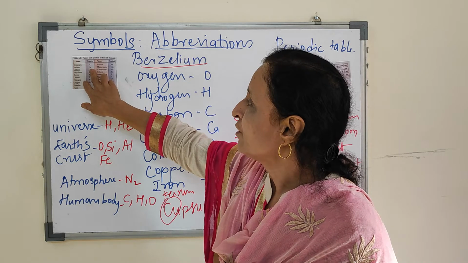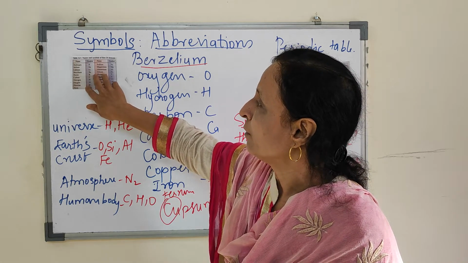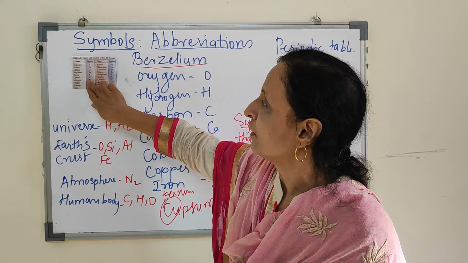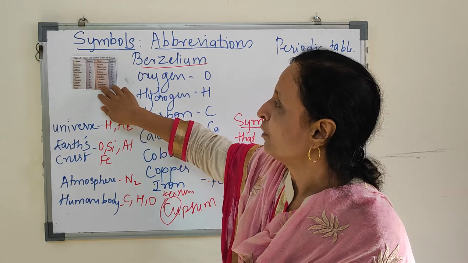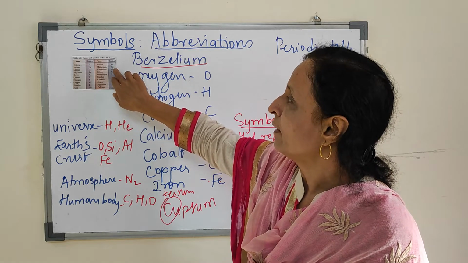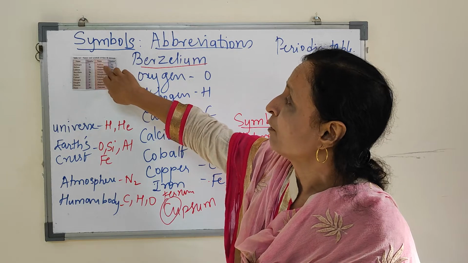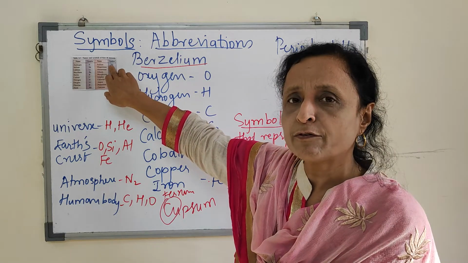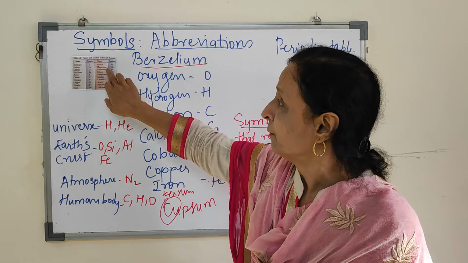Hydrogen, H, helium, He, lithium, Li, beryllium, Be, boron, B, carbon, C, nitrogen, N, oxygen, O, fluorine, F, neon, Ne, sodium, Na. Now this sodium is from S, but the symbol is taken from N because it has been derived from the Latin name.